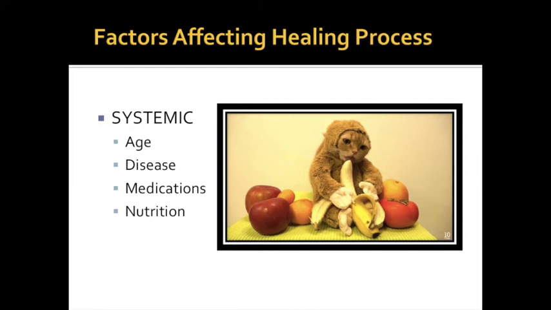This is called comorbidities. An example would be an elderly patient with rheumatoid arthritis that is on a drug that suppresses the immune system. They may also have diabetes mellitus, which can result in vascular compromise. They have poor nutrition, they step on a nail, and now they will have a difficult time healing.